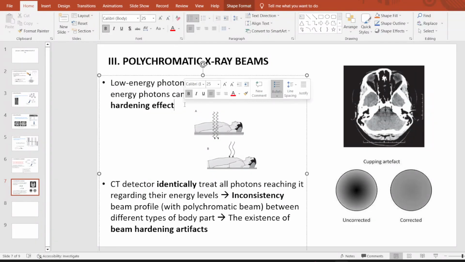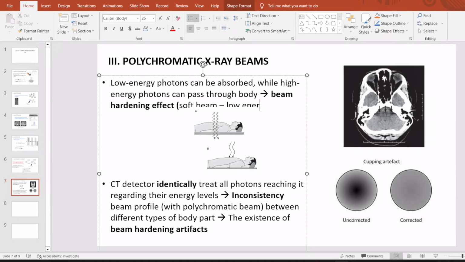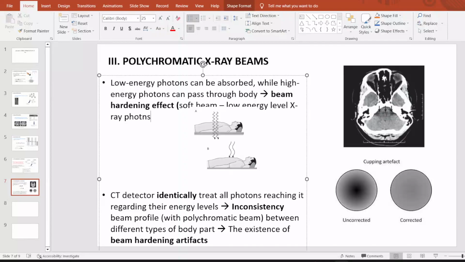Let me explain in more detail, because we have two kinds of beam. First of all, the soft beam, which includes low energy level X-ray photons.